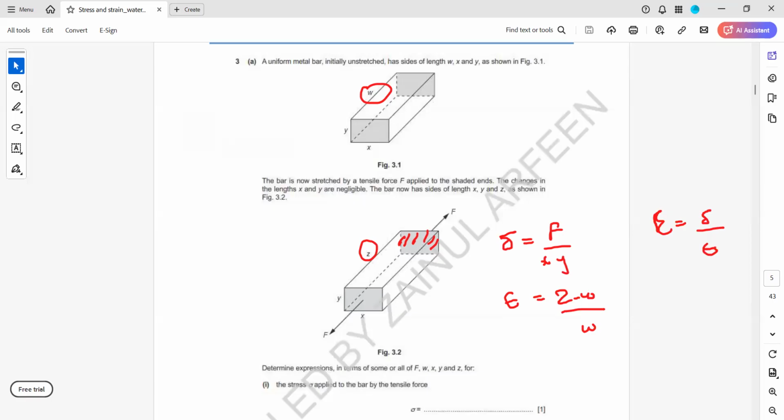So stress is force over XY, divided by change in length over original length. When we simplify this, it will turn out to be F times W divided by XY times (Z minus W). That will be the Young's modulus, because Young's modulus is stress over strain.